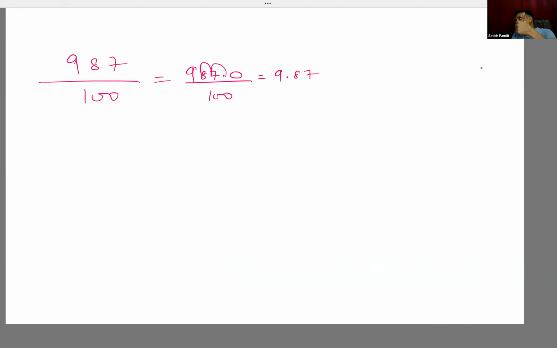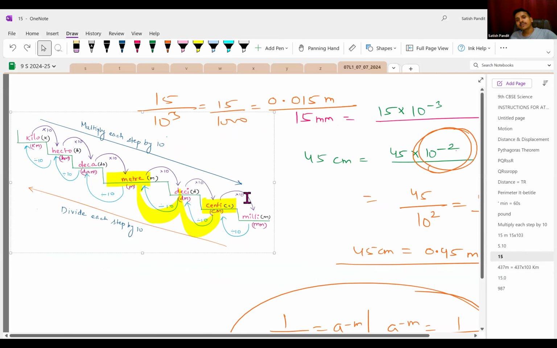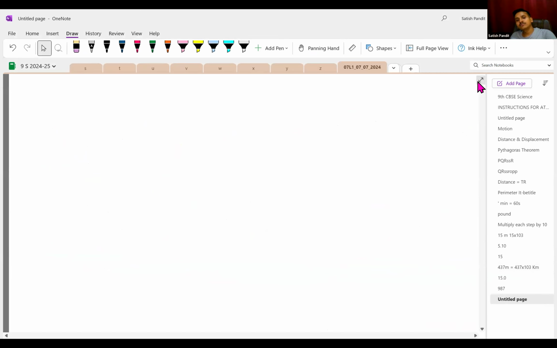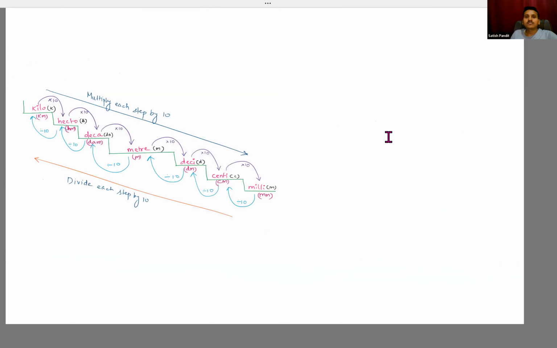Very simple. So can you all try and tell me what will be 469 centimeter in meters? I want the answer in decimals.